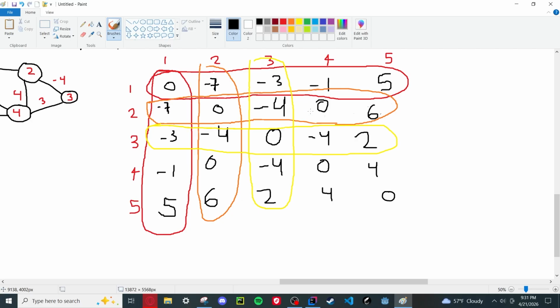That stays -3 plus -4, which is also -7. -3 plus 2 is just -1. That makes it -1 then. Right? That is ignored. That's ignored. -4 plus -4 is -8.